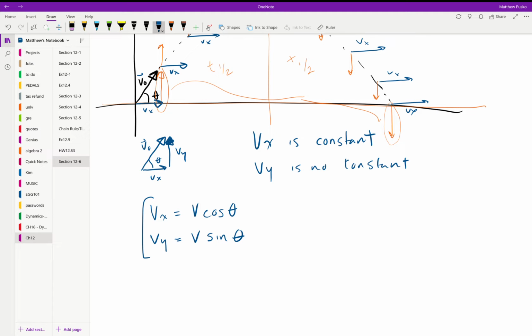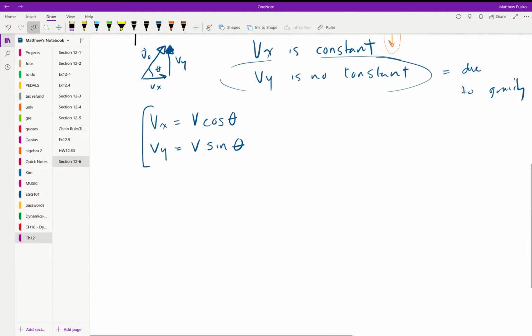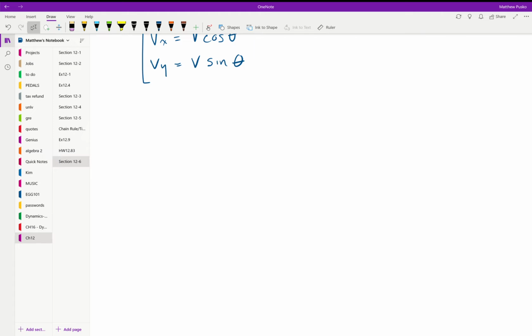Okay, now since we're only dealing with acceleration in one direction, that's the y direction, and that acceleration is due to gravity, we can use constant acceleration equations. So we derived these previously, and these were derived in rectangular coordinates, so take note, I guess. We typically do projectile problems in rectangular or Cartesian coordinates.